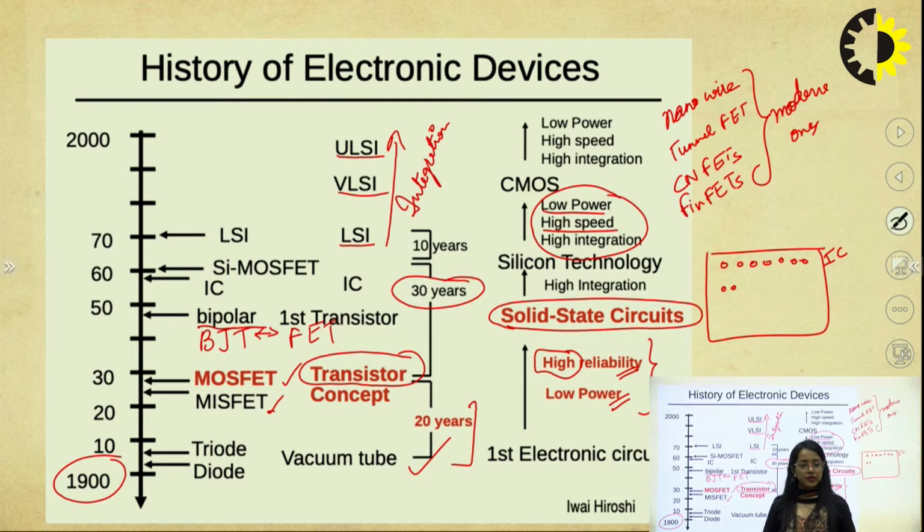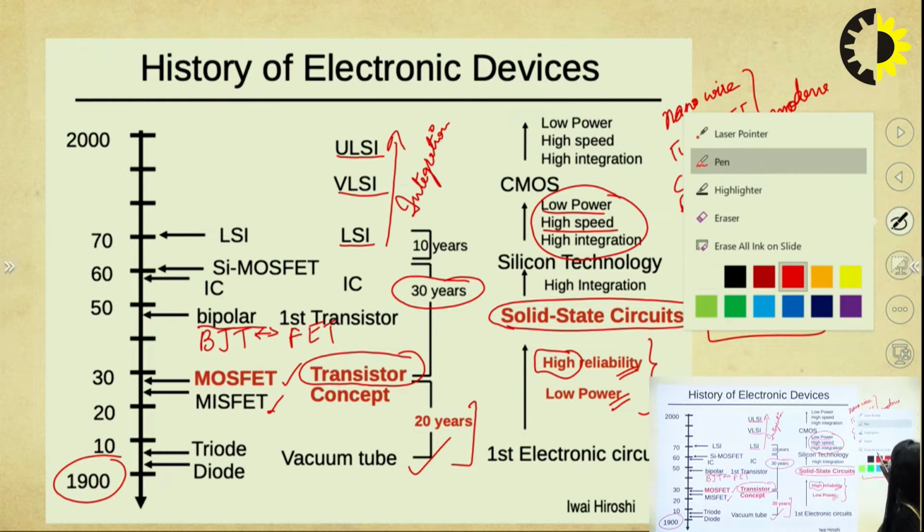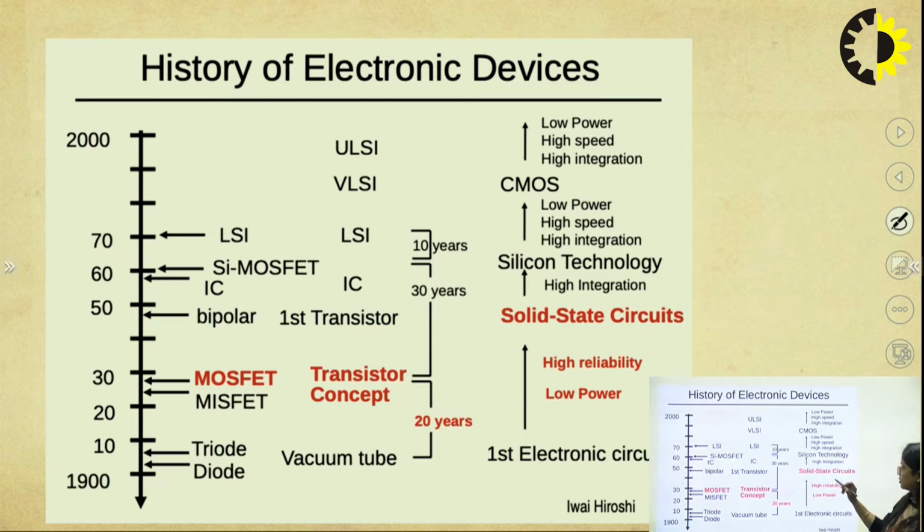So in the present topic, crystal growth, we are talking about the transistor. This transistor is a silicon based transistor, which is an end product.